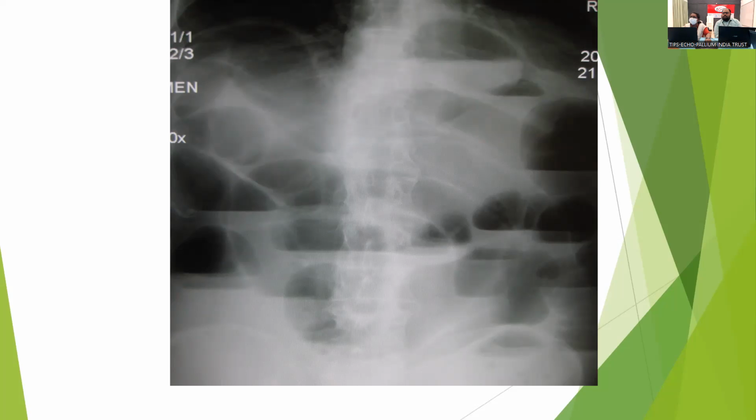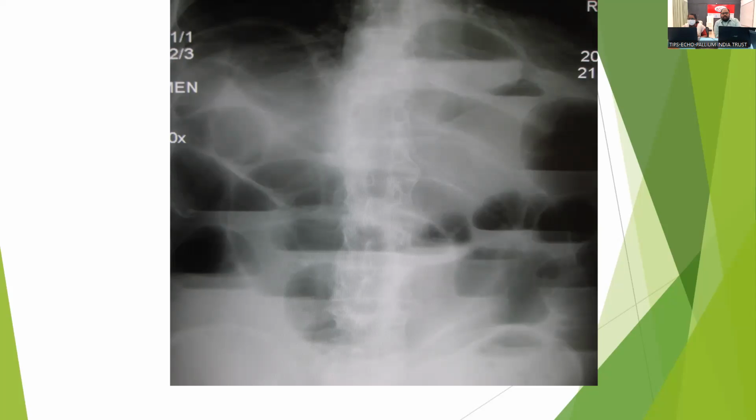Why are you thinking this is intestinal obstruction? Ma'am, in the X-ray, the intestines are visible and air is present. Yes, sir.